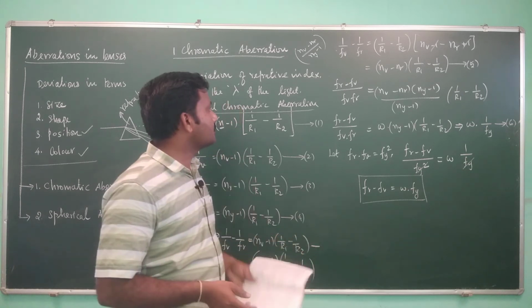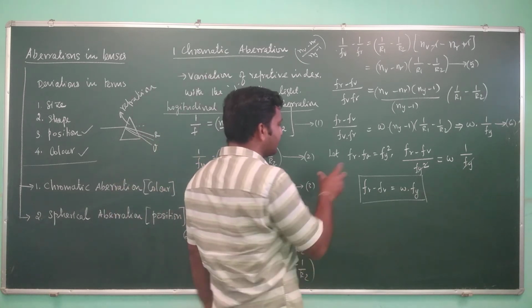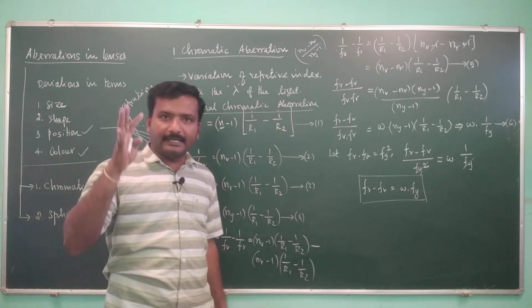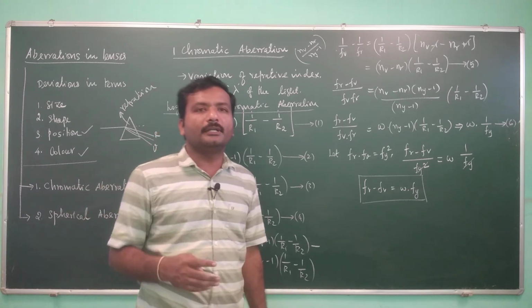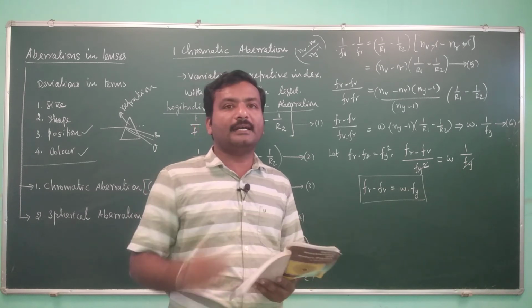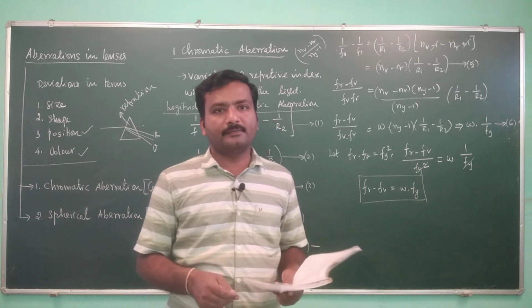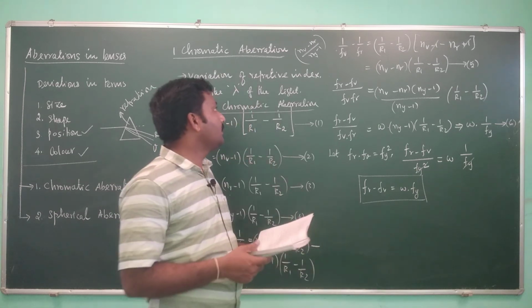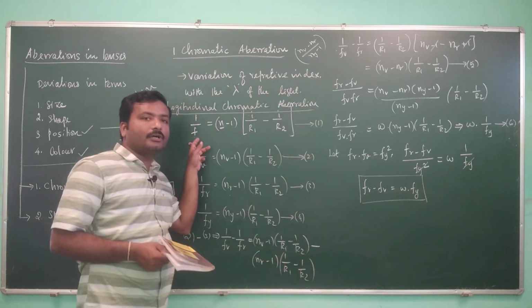How to remove that? It is evident that if you have a single lens, then there exists chromatic aberration. With a single lens you cannot remove the chromatic aberration when you are using white light, so you need to take some corrective measures. What is that? We can use a double lens. So we will have two different equations for focal lengths.